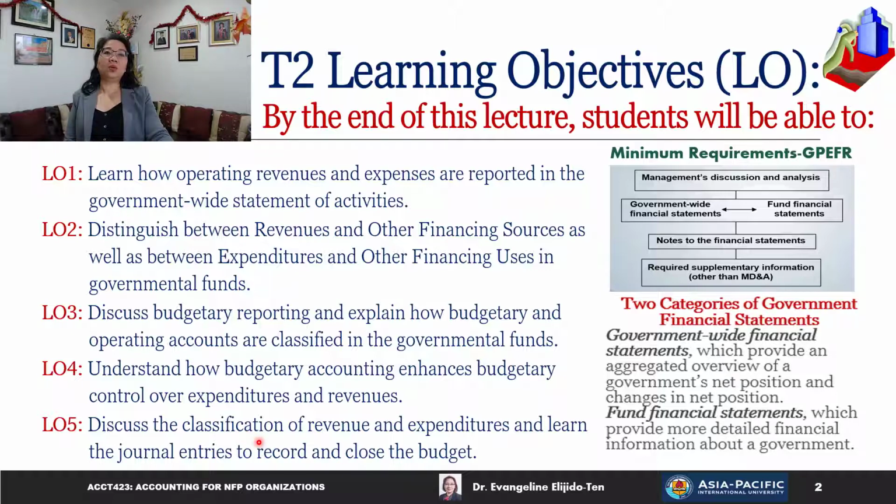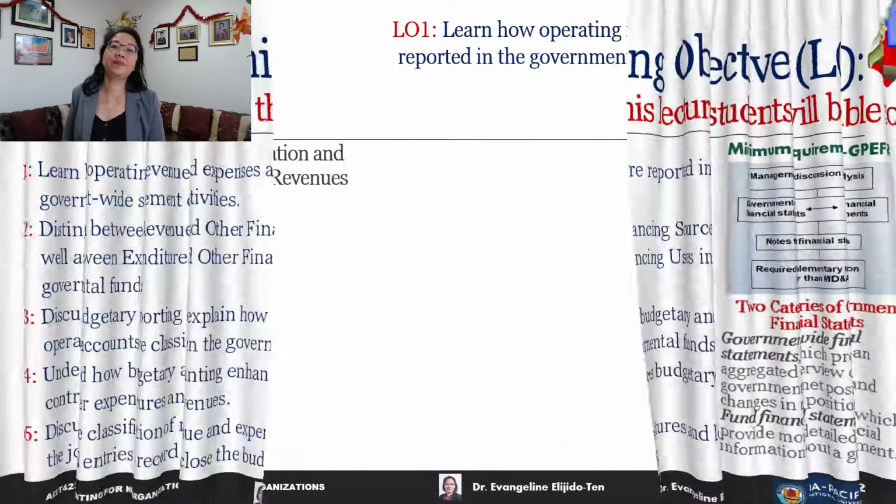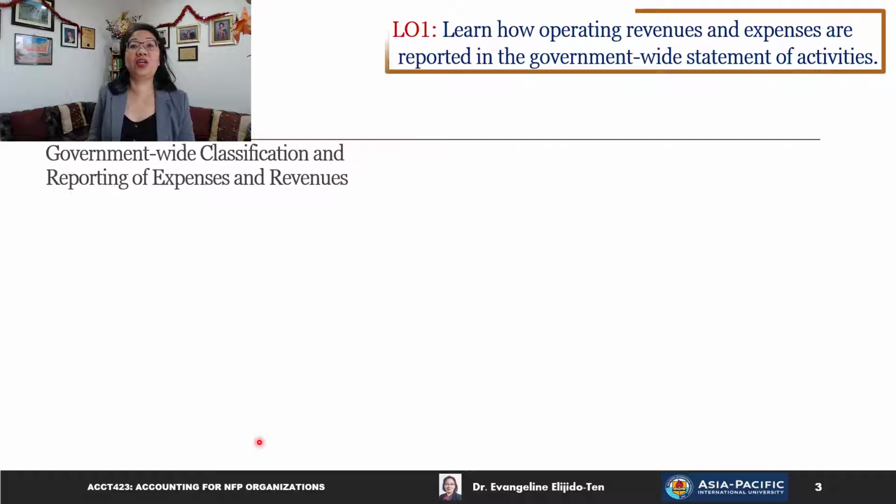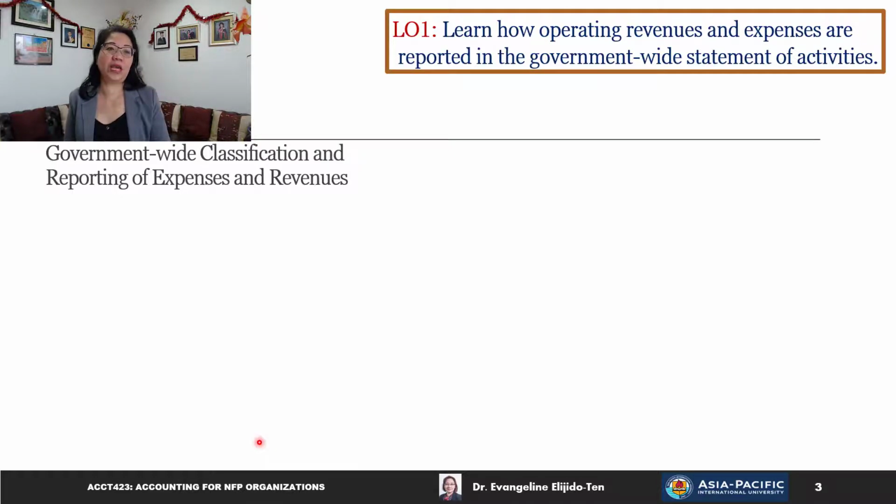So just remember that among the two categories of government financial statements, the first learning objective talks about government-wide financial statements. Let's go further into the first learning objective.